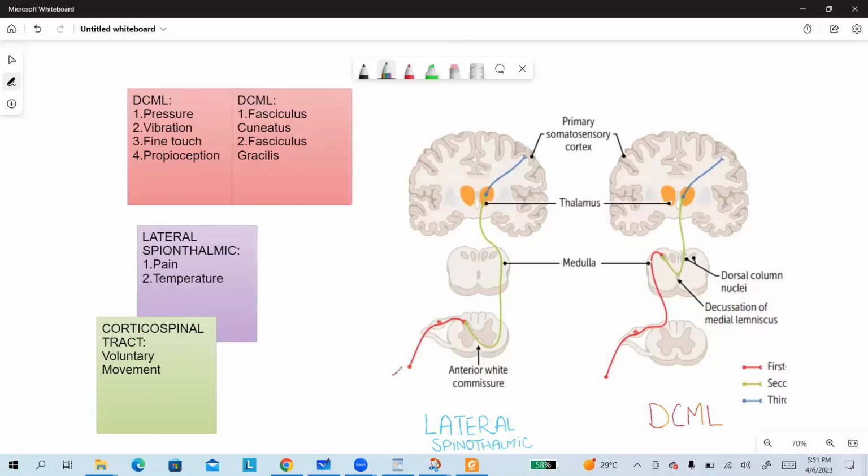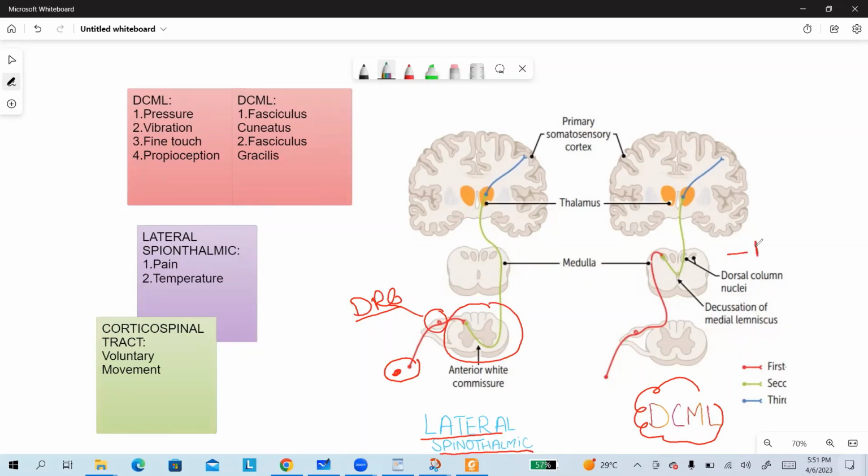The pain and temperature sensations are carried by the sensory receptor, and these sensations enter the spinal cord through the dorsal root ganglion. Next, these sensations cross over at the level of the spinal cord in the case of the lateral spinothalamic tract, while in the case of the dorsal column medial lemniscus, the crossing over takes place at the level of the medulla.